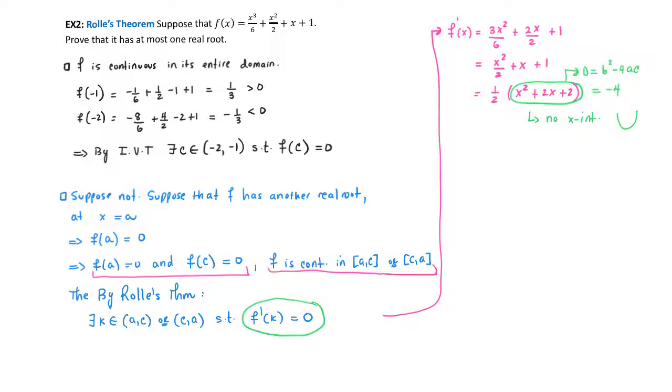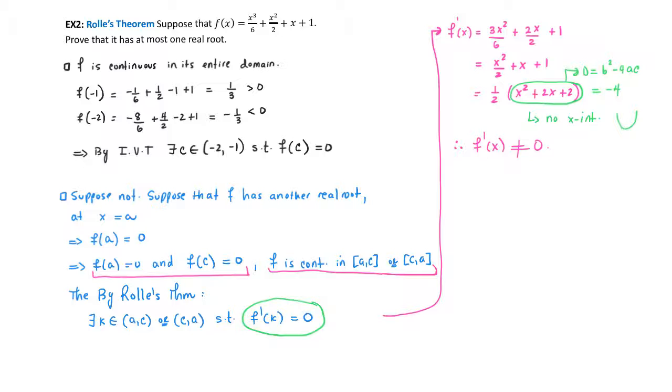That's the meaning of having no x-intercepts and opening up. So it's going to be completely above the x-axis, meaning that our conclusion from this analysis is that f prime of x can never be equal to 0.